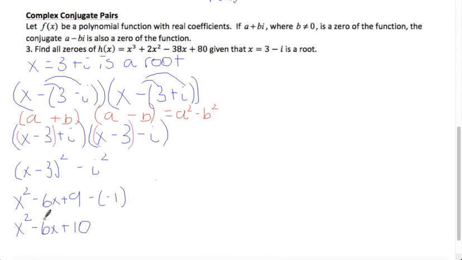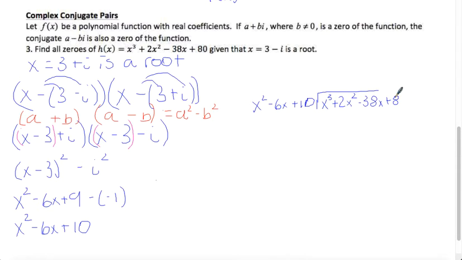But now the point of that is, now that we have a quadratic function, we can use long division. We're going to divide that new function, x squared minus 6x plus 10, into our original function of x cubed plus 2x squared minus 38x plus 80.